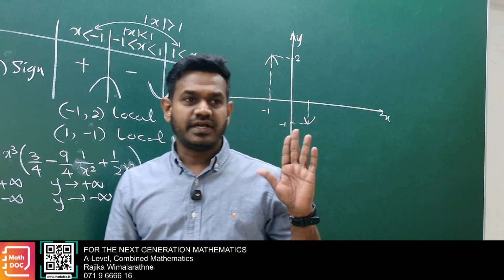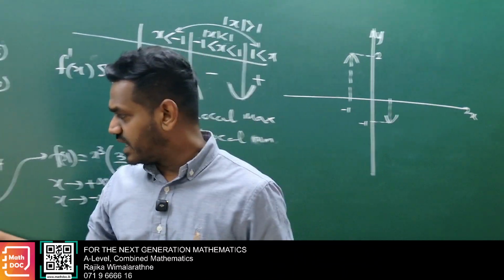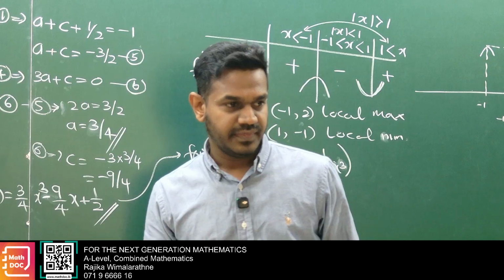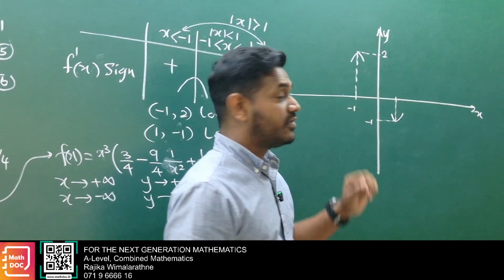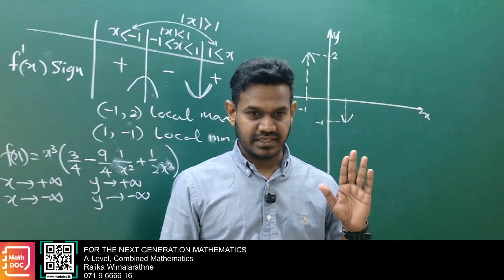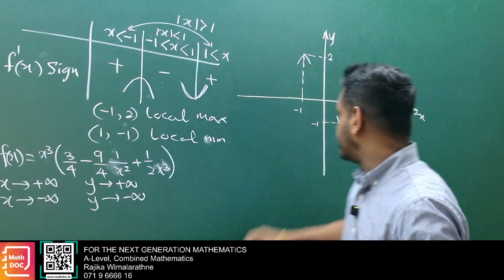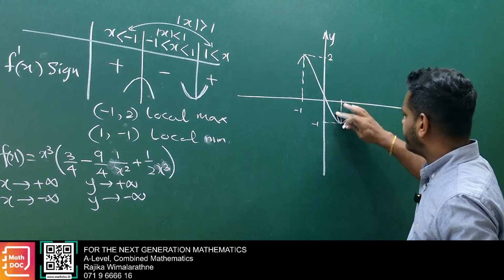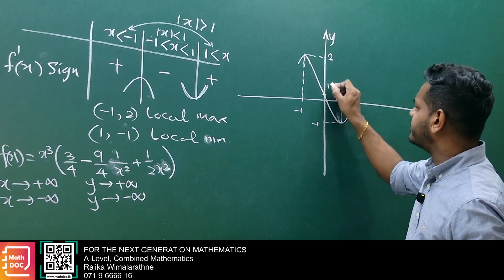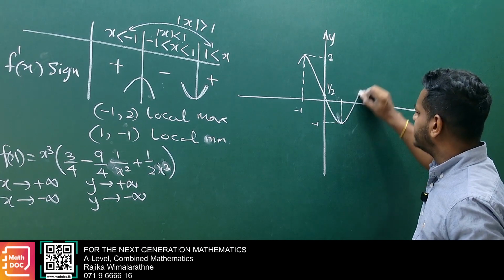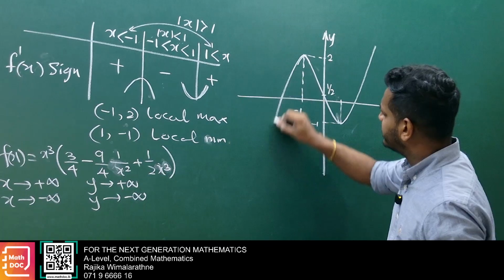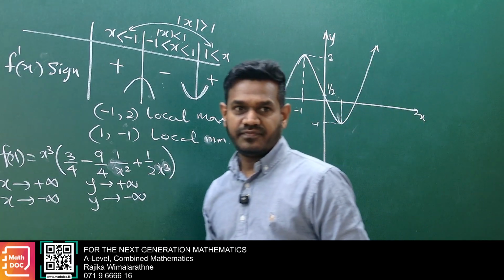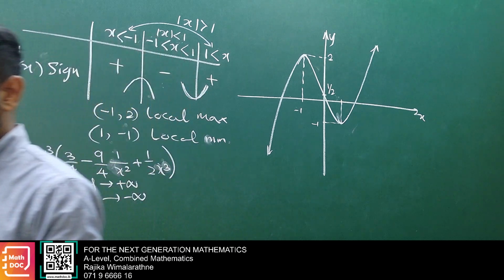So now we know the function. Then the y-intercept will be half, no? Therefore, you complete the graph now. You mark the y-intercept as half. Therefore, here you sketch. Then this intercept is half, and complete. Here the final graph. Complete it.